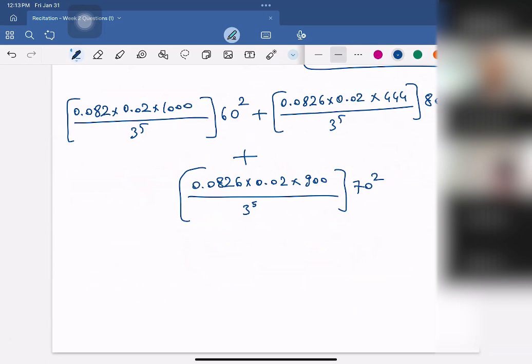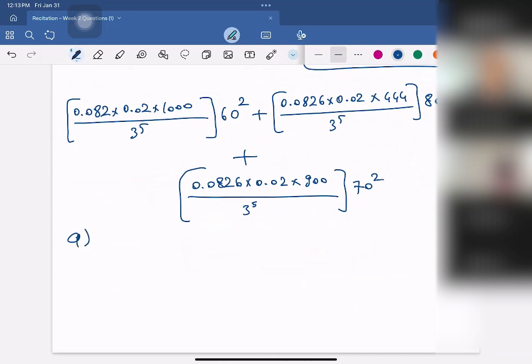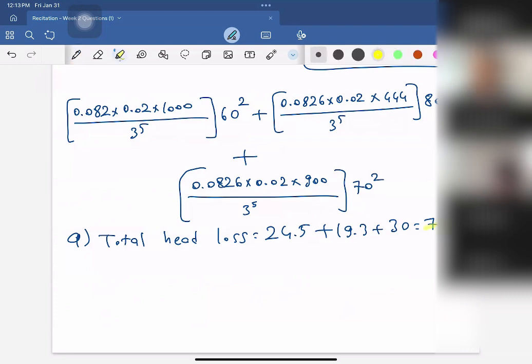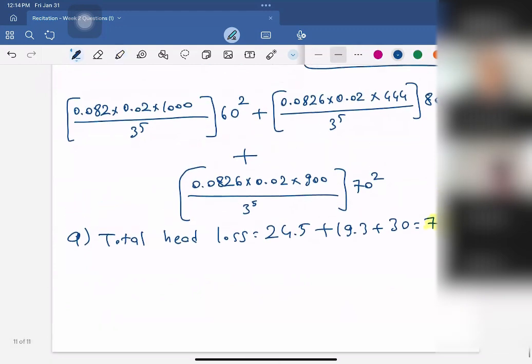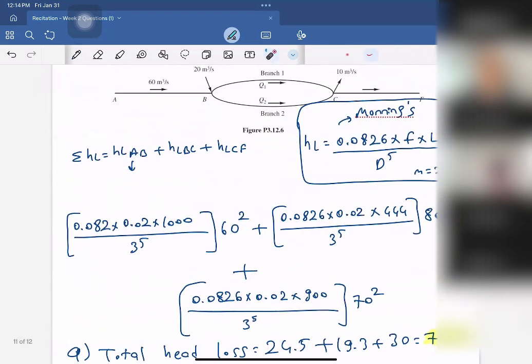Let me directly write the result values. So we need to find the total head loss, which will come from the equations, again using the same equation.